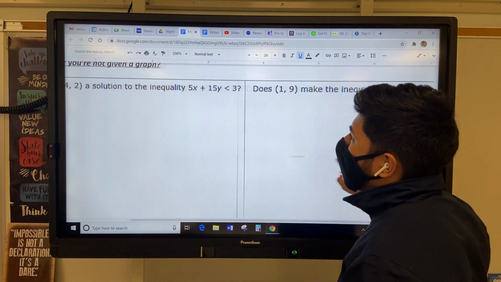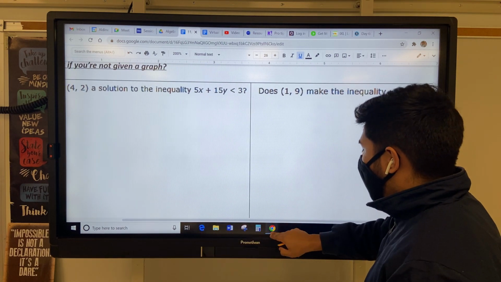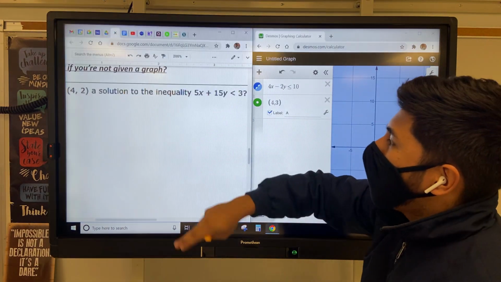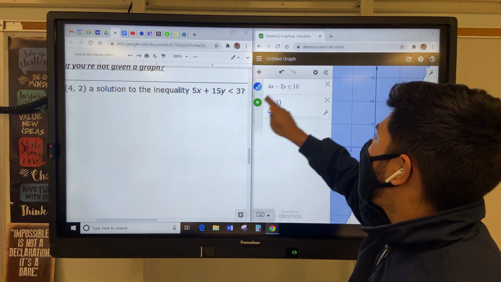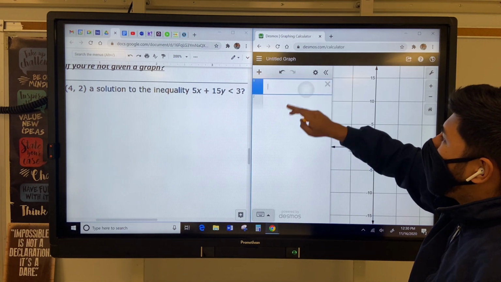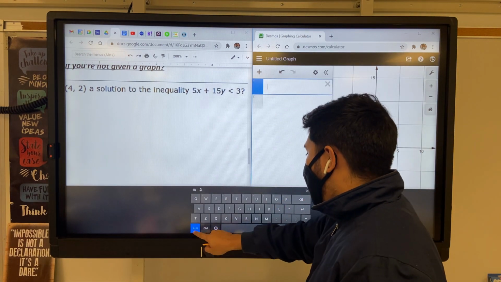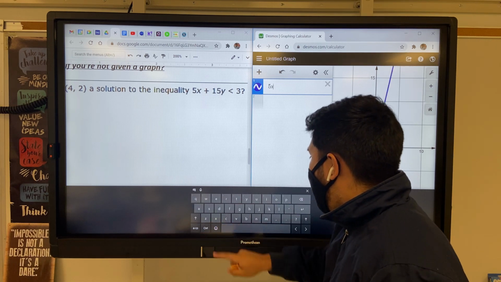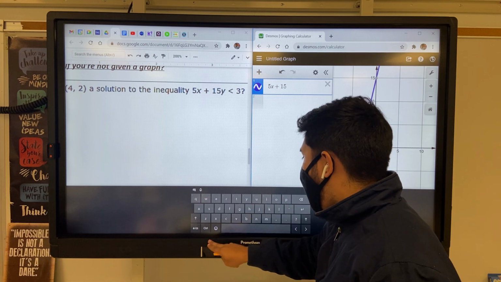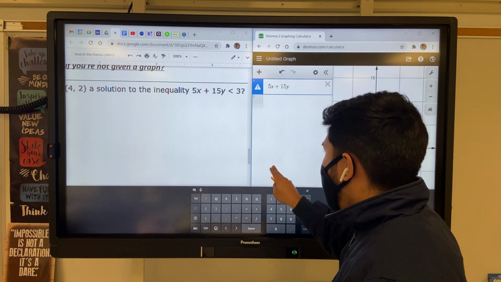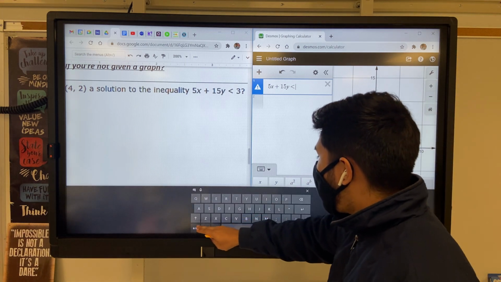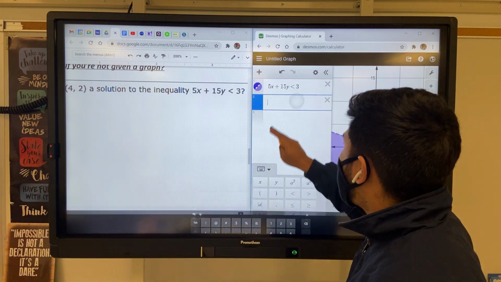Check it out. I'm going to put it right here. Bring up Desmos. Put it over here. Yep. Gonna put it in that equation. You're gonna see that it's not a solution. It's gonna be outside. 5x plus 15y less than, yeah, less than, not equal, 3.